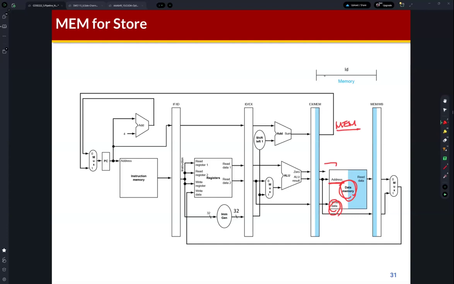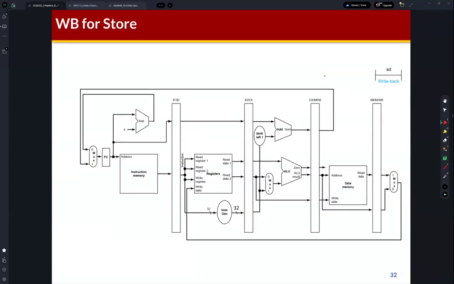But in the pipeline architecture, all instructions need to go through all stages. Even though we don't need to write back the result, because there is no result in the store instruction, the store instruction is still in the write back stage.